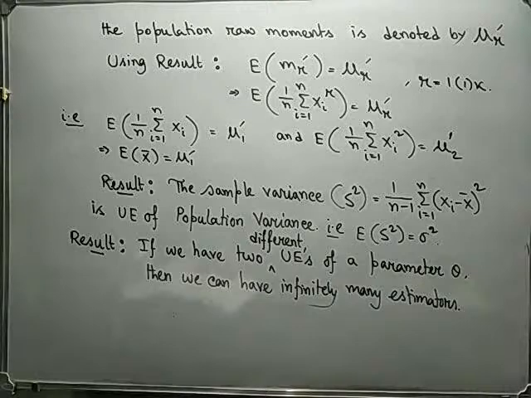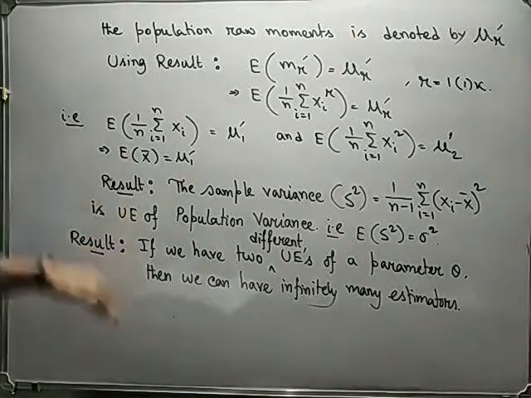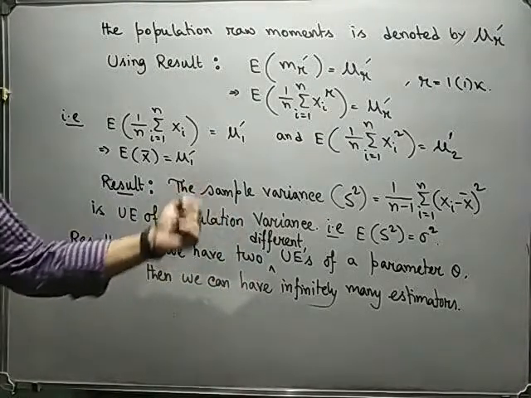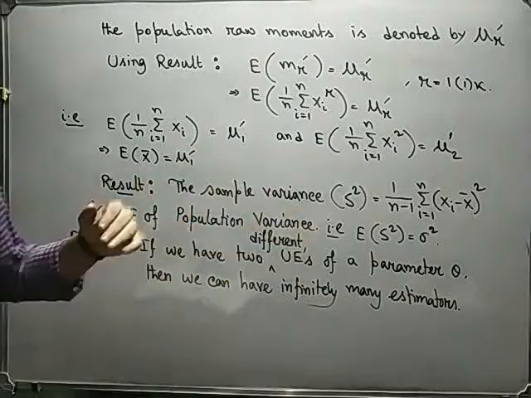Now how can we prove that? I'm not proving the whole part. Let's say we have two different estimators, capital T1 and capital T2, of theta.